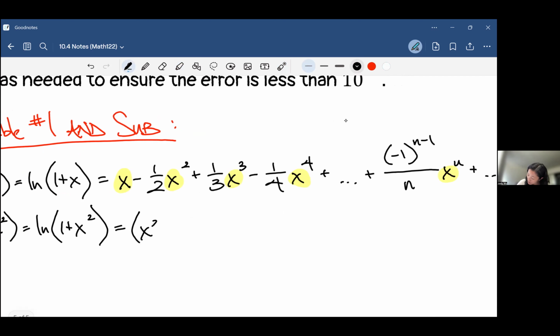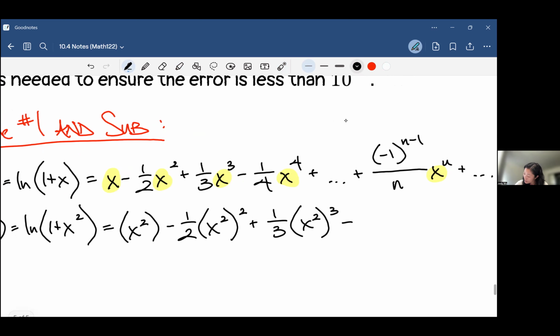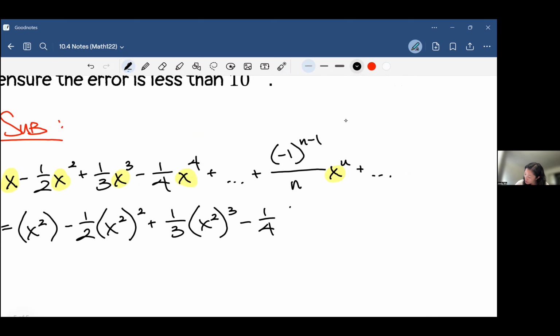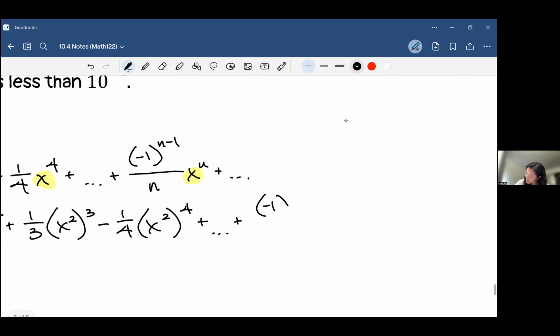So x squared minus 1/2 x squared squared plus 1/3 x squared cubed minus 1/4 x squared to the 4th. And I would keep going until I got to negative 1 to the n minus 1 over n times x to the 2n, right? Because it's x squared to the n, and I'm going to multiply those.